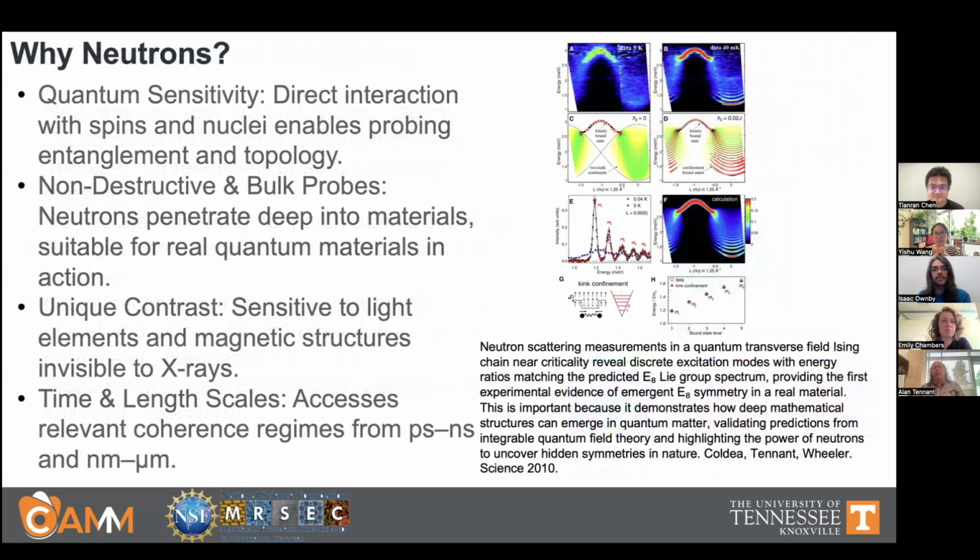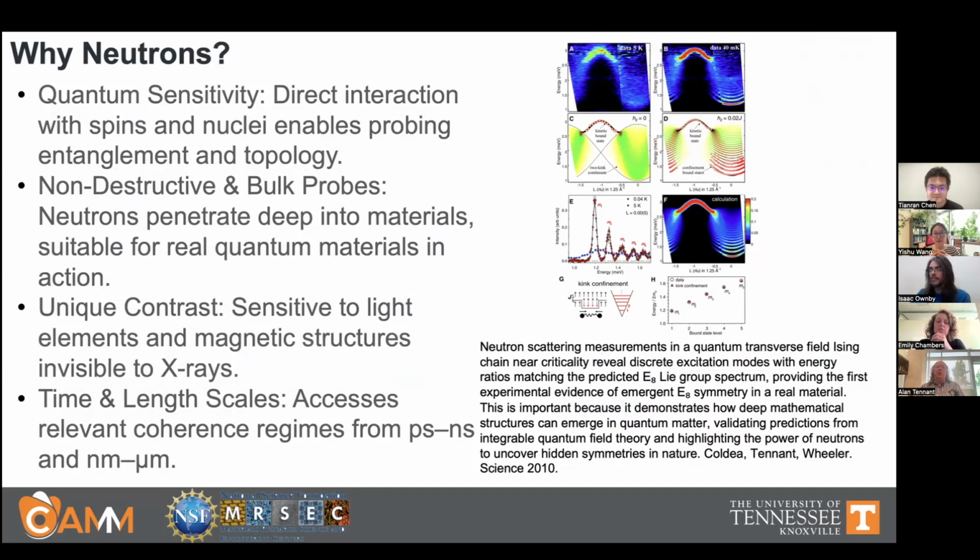So why neutrons? Neutrons have quantum sensitivity. Their direct interaction with spins and nuclei enables the probing of entanglement and topology. So it gives us very deep insights into the kind of quantum reality in materials themselves. They're non-destructive in bulk probes. That's extremely important because neutrons are able to penetrate deep into materials, and so they're suitable for looking at real quantum materials in action.